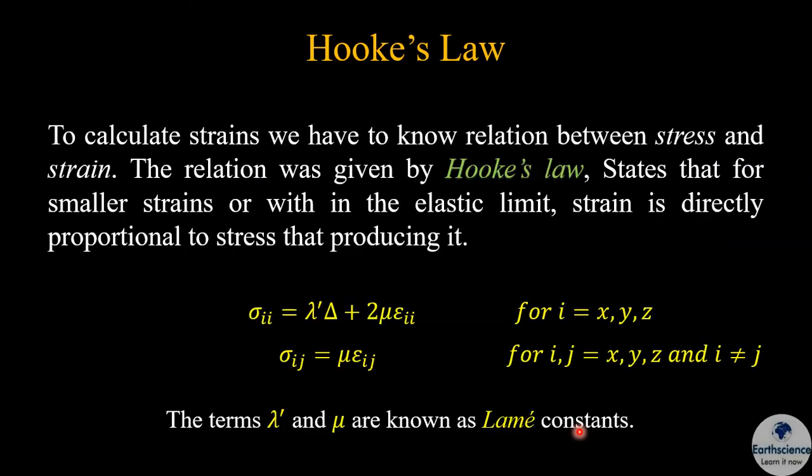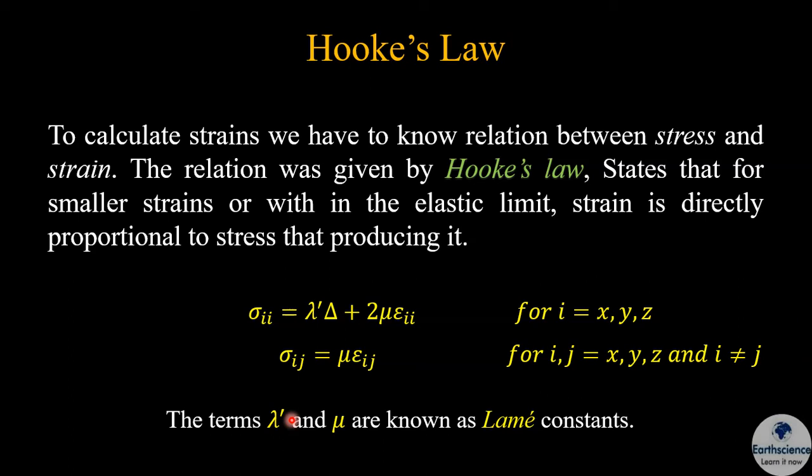And there comes Hooke's law. We all know about Hooke's law. Under the elastic limit, the stress is directly proportional to the strain producing it. Here, these are the empirical relationships between the stresses and strains, where lambda and mu are the Lamé constants.